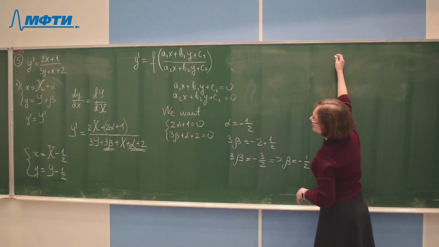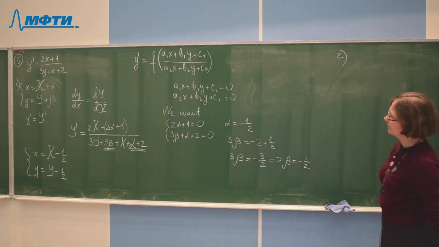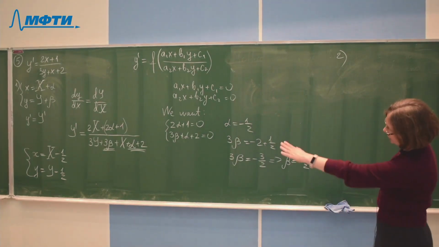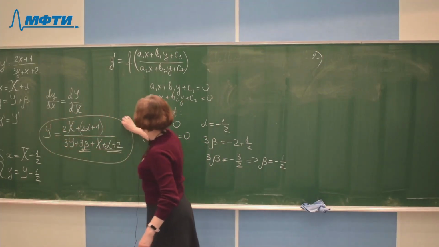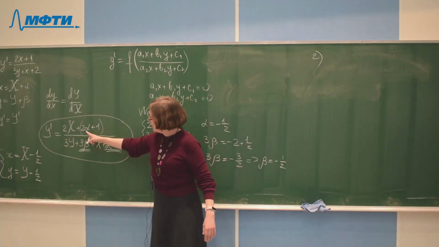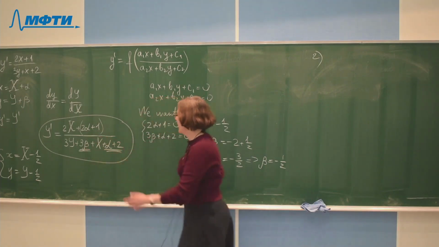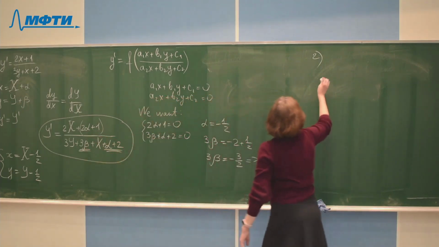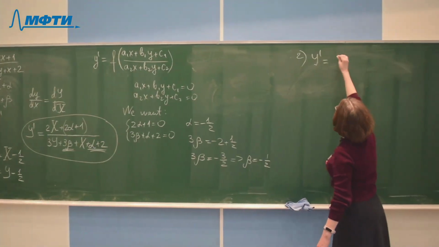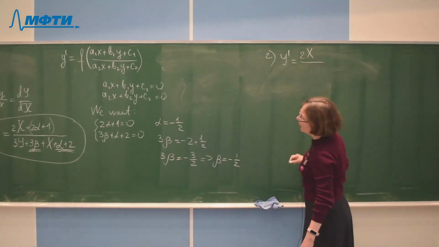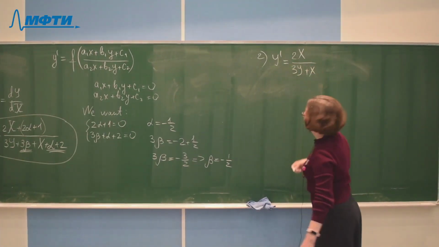Then we will proceed to step number 2. After this substitution, substituting -1/2 for alpha and -1/2 for beta, this equation will be rewritten in the form y prime equals 2x capital over 3y plus x.